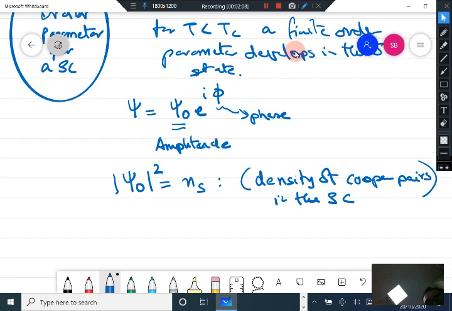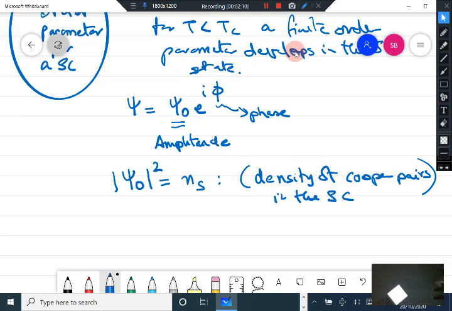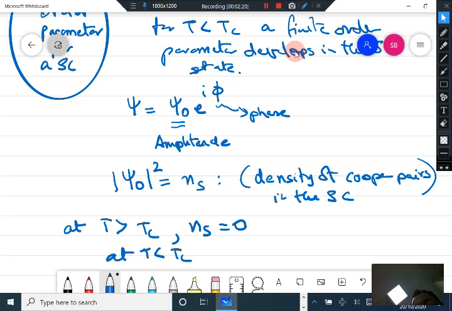It is just directly, psi squared is taken directly as a measure of the density of Cooper pairs, because at T greater than Tc, Ns is equal to 0. At T less than Tc, Ns is not equal to 0. Definitely a finite density of Cooper pairs develops inside the system, and so this is an important signature of the order parameter, that you have a finite density of Cooper pairs which are generated.